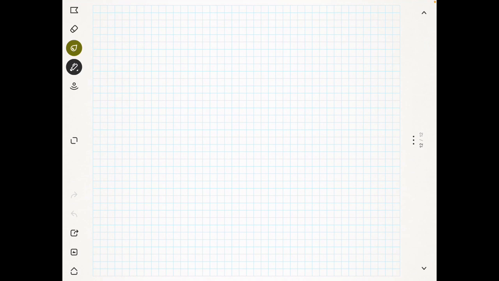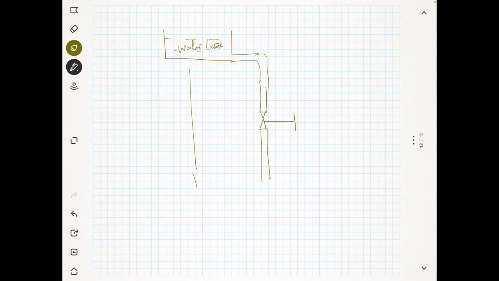Or another example I can give: you have a water tank, and you have a connection output. Now you have a control valve, and this is the output. This is at some height from the ground, and somebody is standing here to watch this.